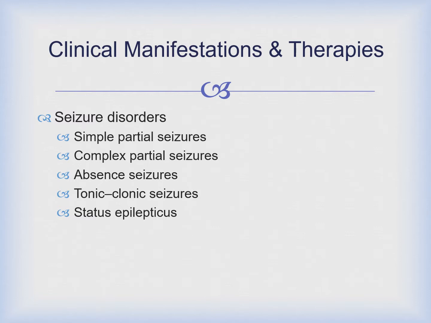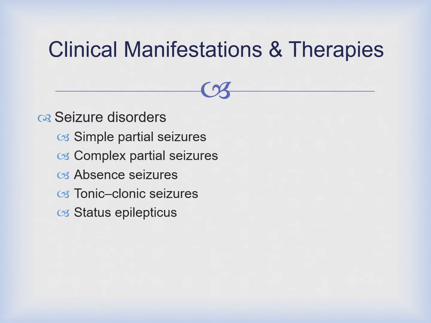Next one there is absent seizures. These are also sometimes called petit mal. So instead of grand mal with a generalized seizure, these are called petit mal. And with this one, it really just looks like someone's daydreaming or kind of staring off into space.